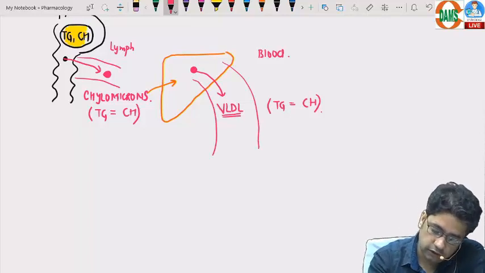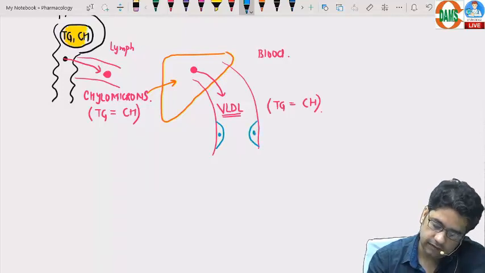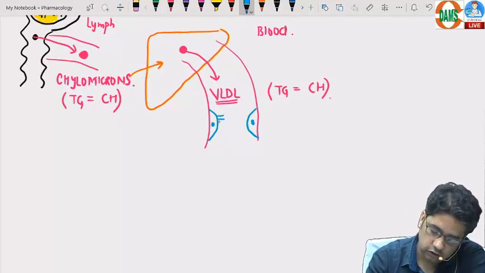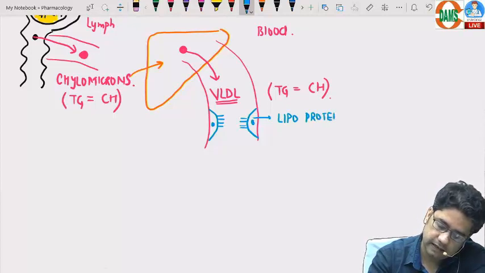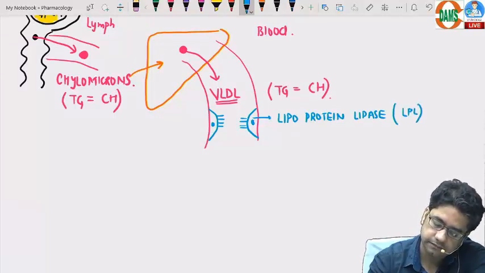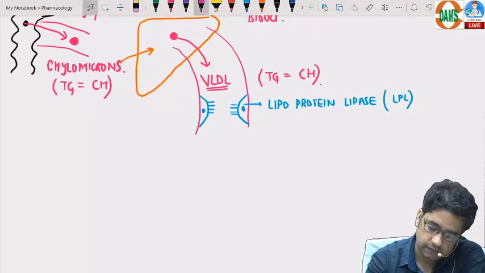Now, sir, you know that in our blood vessels we have endothelial cells, and on the surface of endothelial cells we have one enzyme, lipoprotein lipase. Let's write that enzyme as LPL enzyme. What is the function of lipoprotein lipase enzyme?